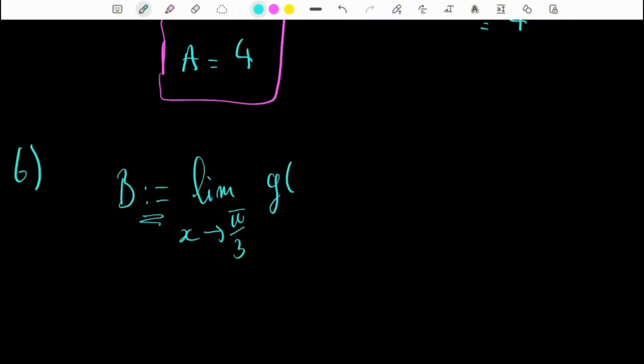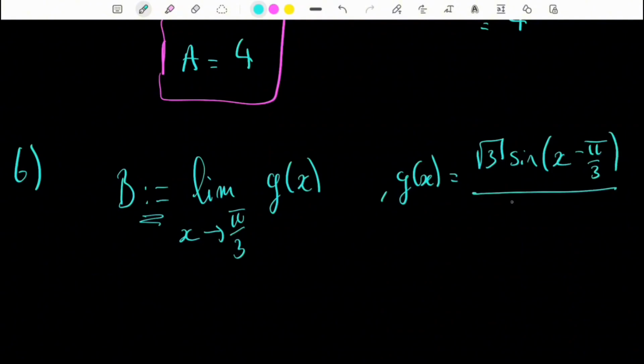j of x, with j of x equal to square root of 3 times sinus of x minus pi over 3 over pi over 3 minus x.